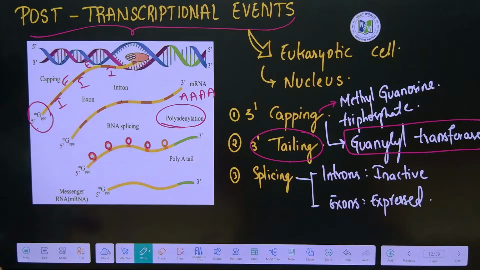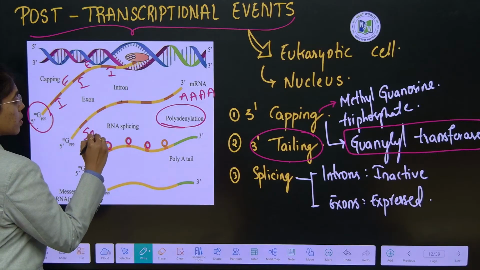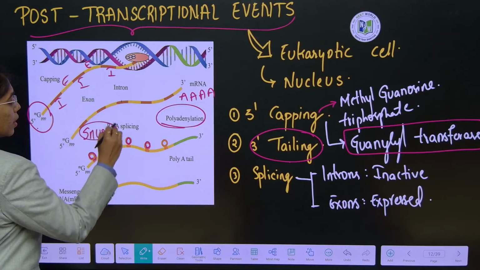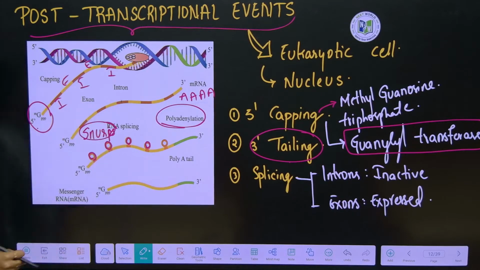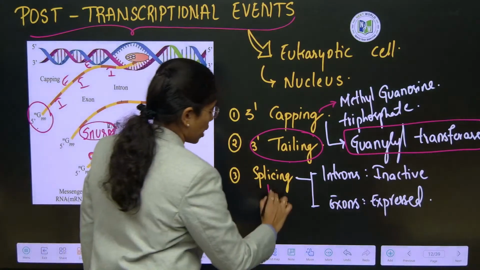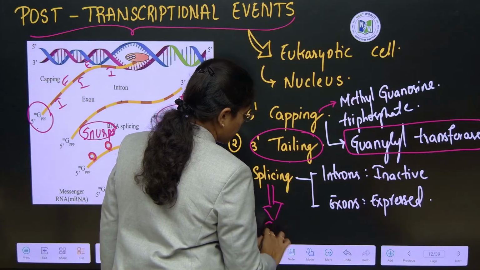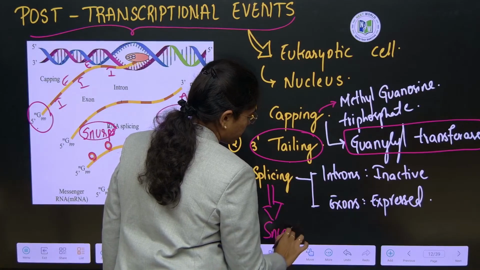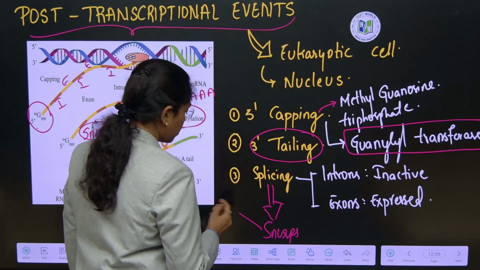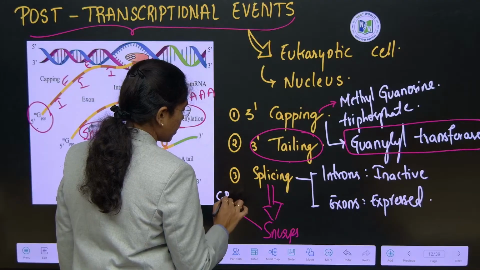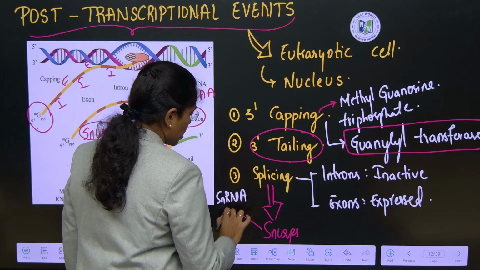What are they? SNRPs. They will cleave these spliceosomes. Those intron sequences will be spliced by what? SNRPs. SNRPs are nothing but snRNA with some protein sequences.